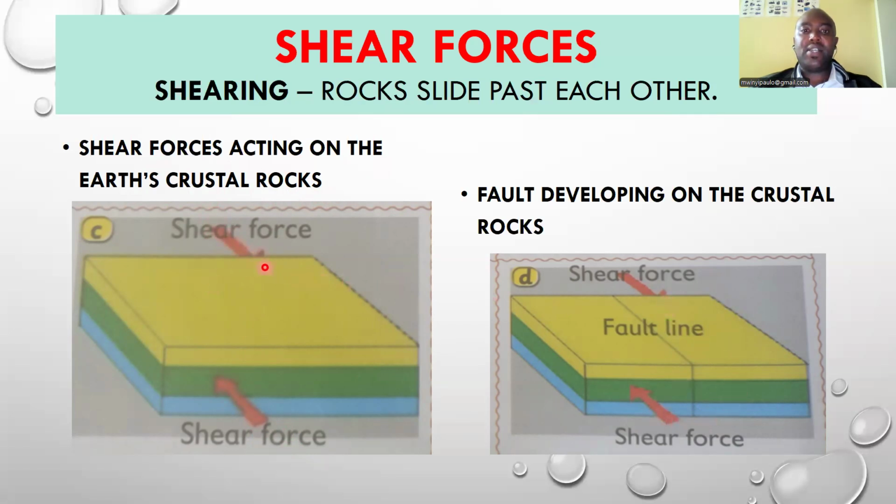As rocks slide past each other and these forces continue acting on the Earth's crustal rocks, a fault line is going to develop on the crustal rocks as I'm showing you on the screen.